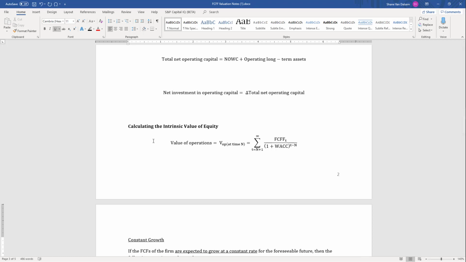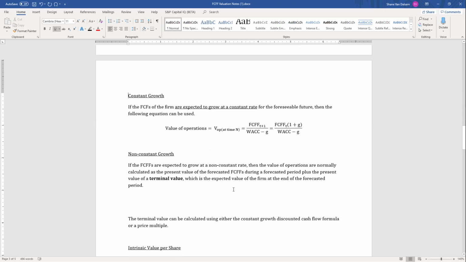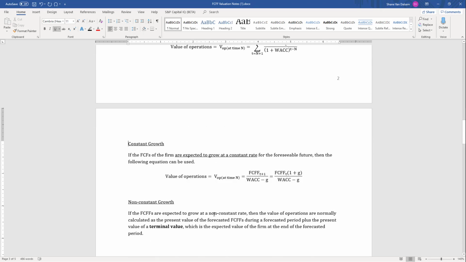The constant growth model. There are several different models that we can use for discounting those cash flows back. A common one is called the constant growth model. If the free cash flows of the firm are expected to grow at a constant rate for the foreseeable future, then the following equation can be used.